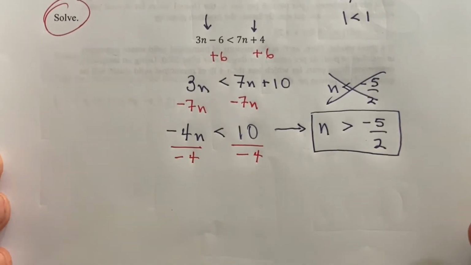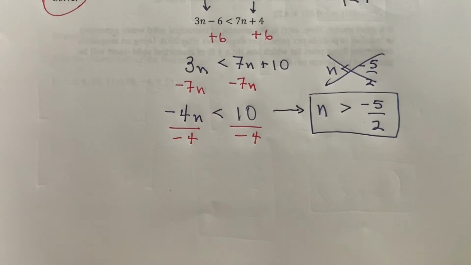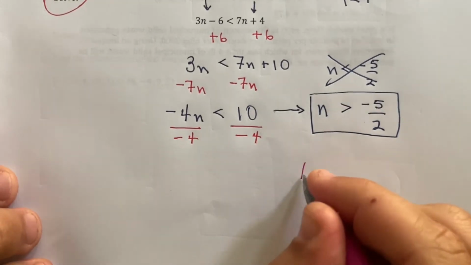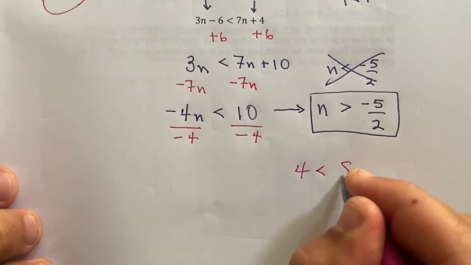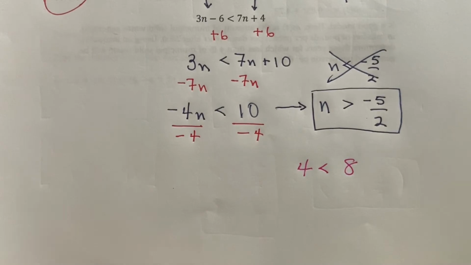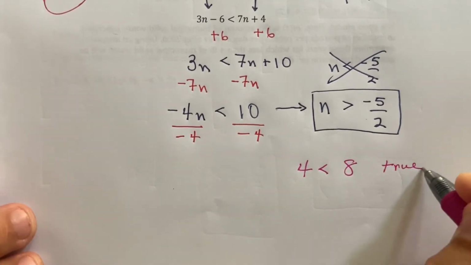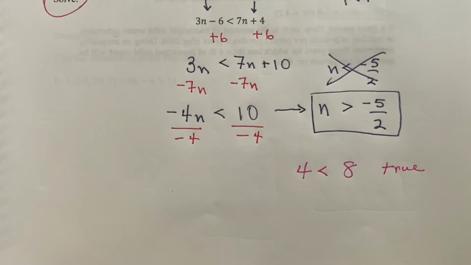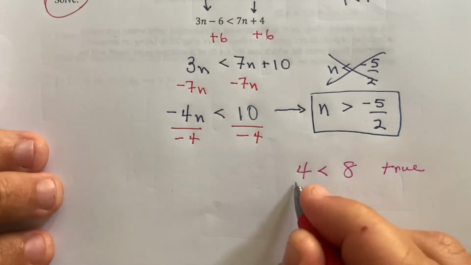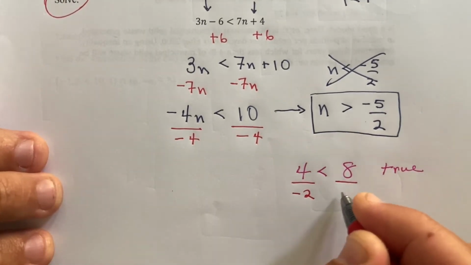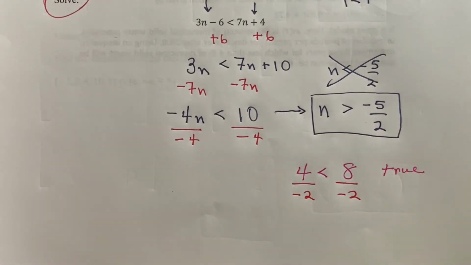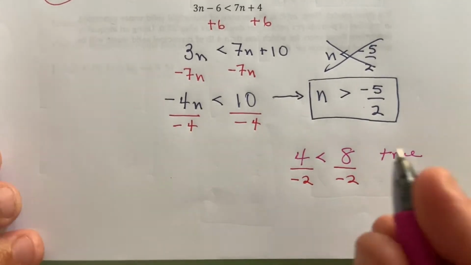Just to explain why for a moment, imagine we had a true statement, like 4 is less than 8. This is true right now. Then imagine that I came through and divided everything by negative 2.